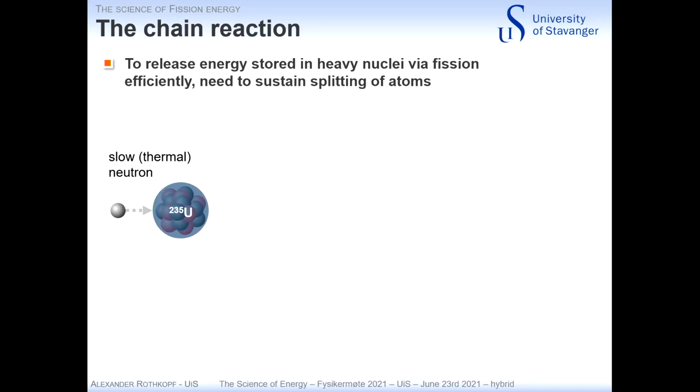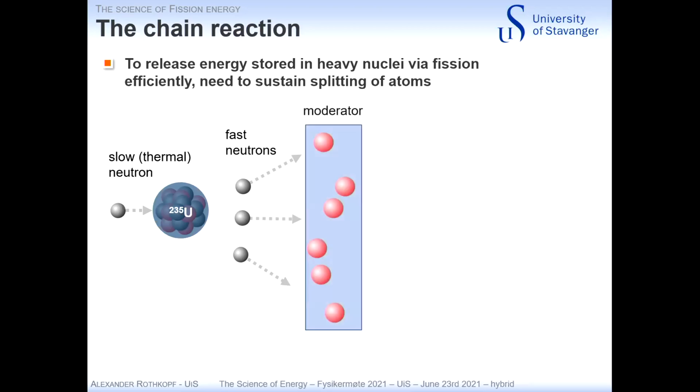And for that, we need to sustain the fission, and that leads to the concept of the chain reaction. So we start out with our slow thermal neutron impinging on our uranium-235. That gives us 3 very fast neutrons. I told you that only the slow neutrons can wiggle themselves into the uranium-235.